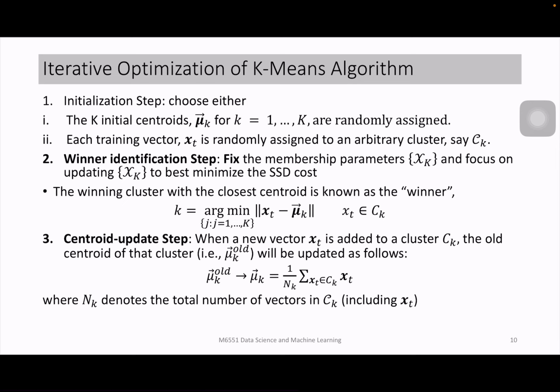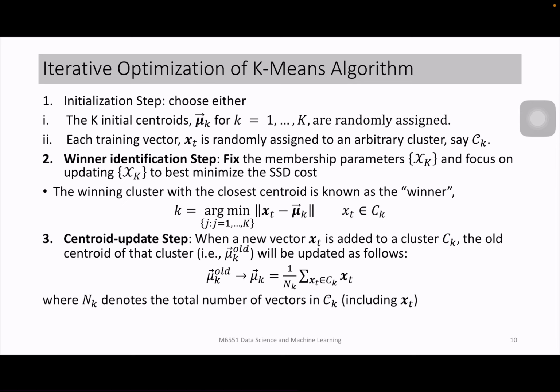Winner identification step: fix the membership parameters and focus on updating to best minimize the SSD cost. The winning cluster of the nearest centroid is known as the winner, the k that is the argument minimum of the norm of xt minus mu k.